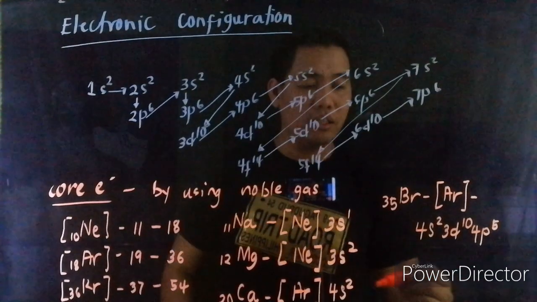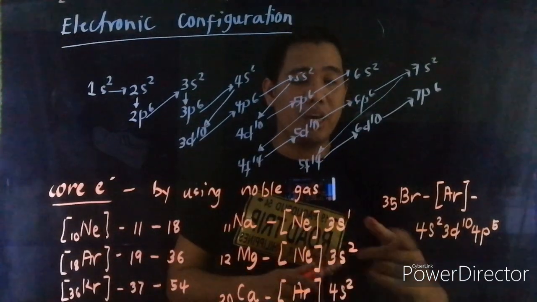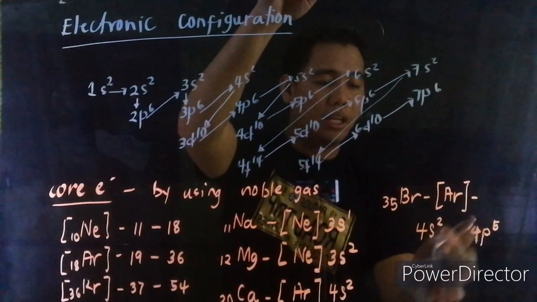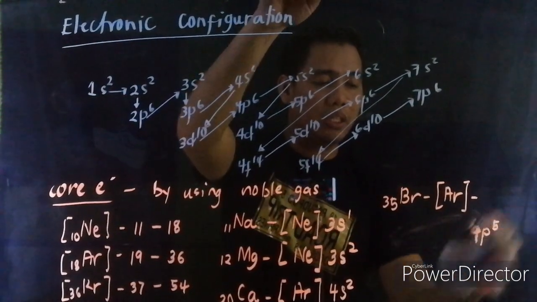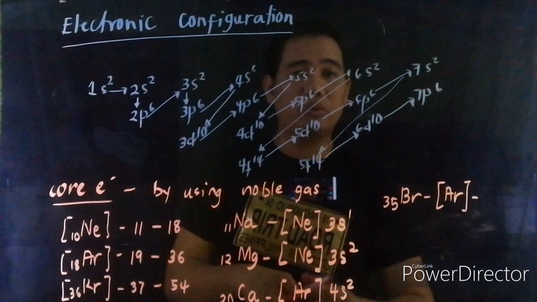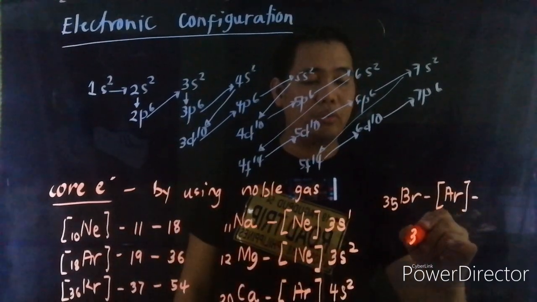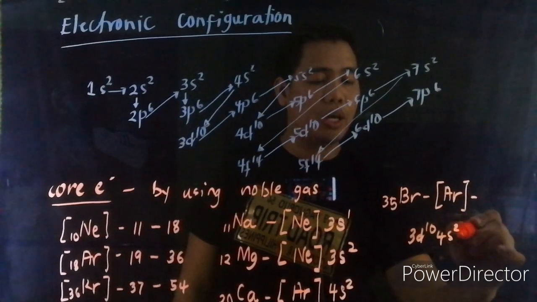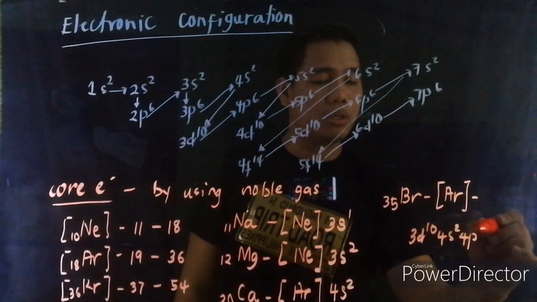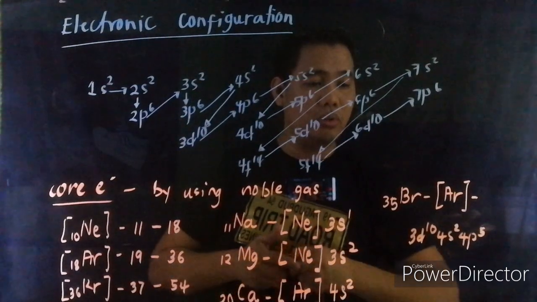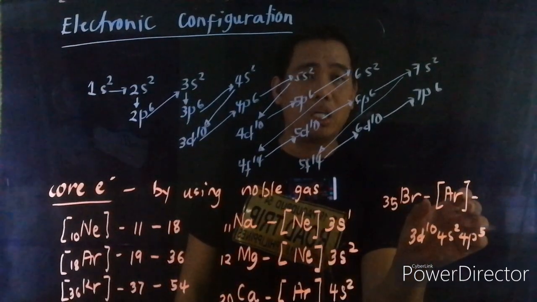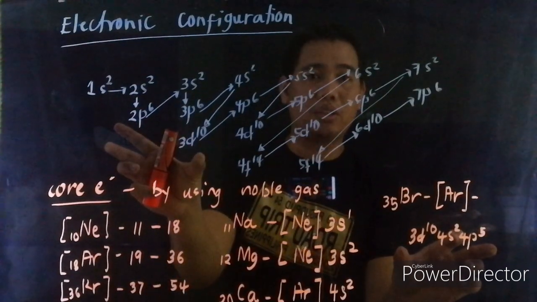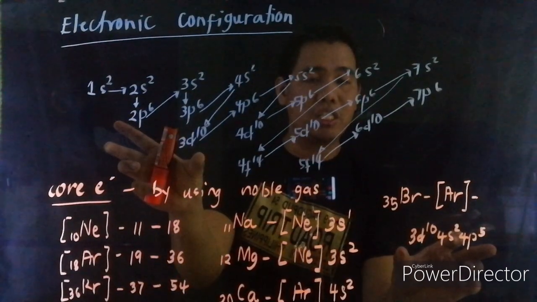We can also rearrange that one so that you will fully understand that the last shell is 7. So I will just rewrite it. So we have 3d10, 4s2, and 4p5. So we have 18 for argon, and this is 17, and that is the flow of electrons in the electronic configuration.